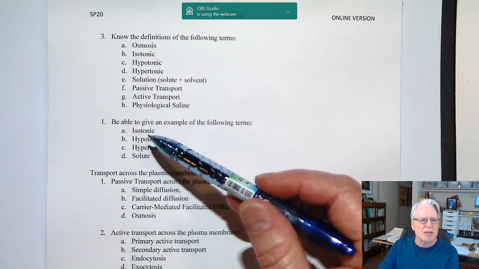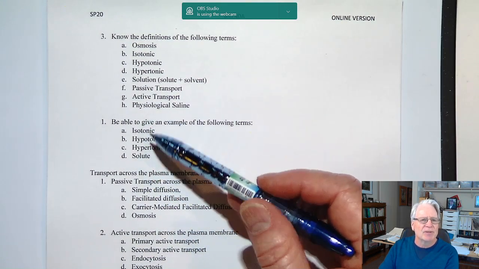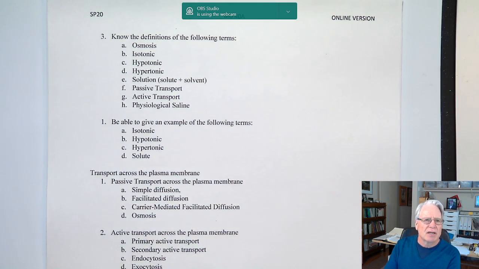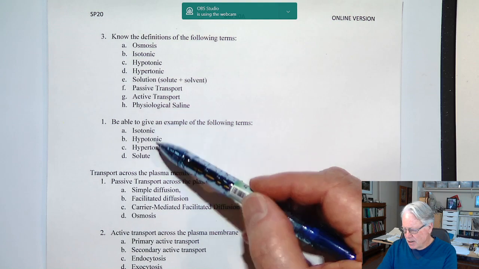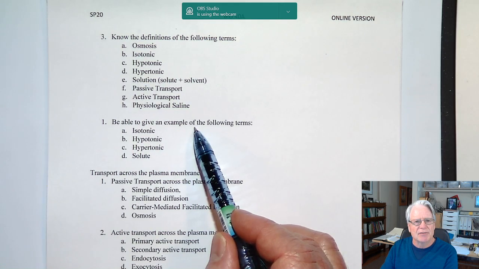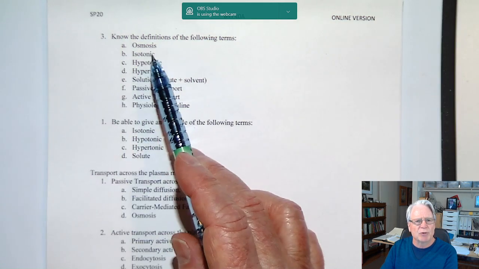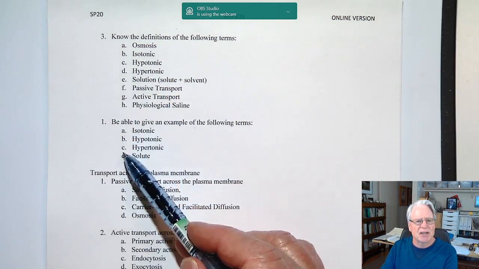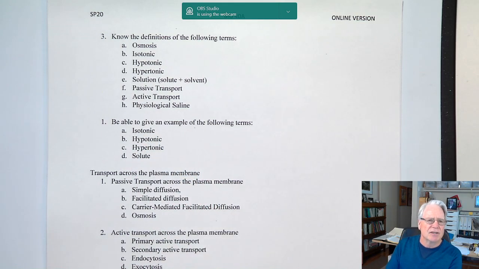You'll see a lot of repeats in these lists. That's okay. Just be aware that they're repeats, and I'm just emphasizing these terms again. So in this case, though, you need to give me examples of the same terms. Here would be definitions and then specific examples of what these terms represent.